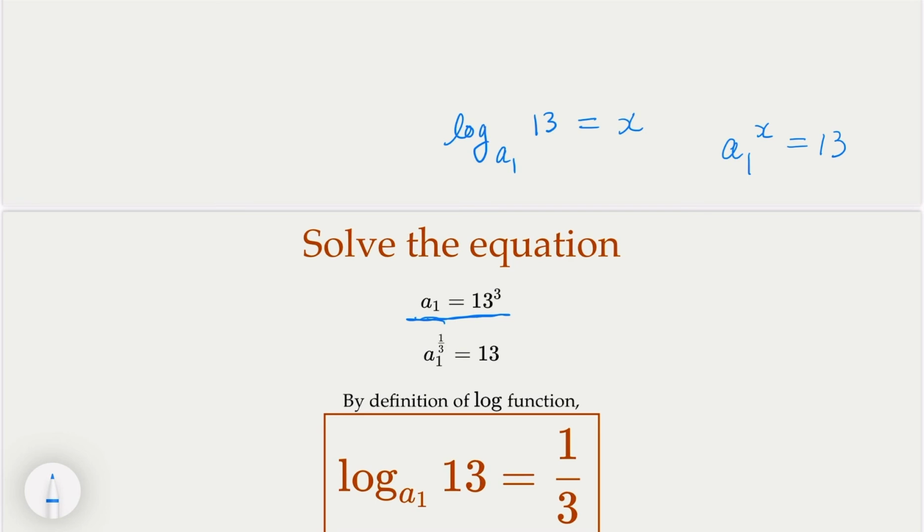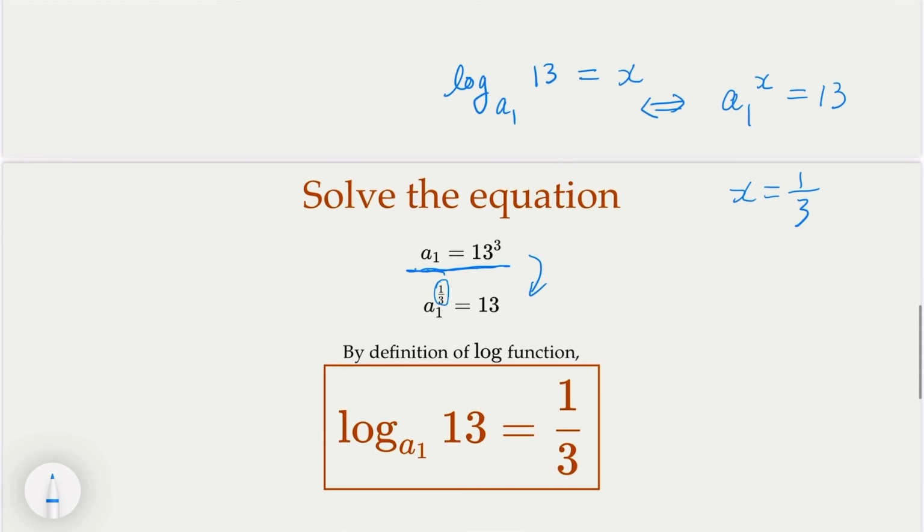It is the 1/3 power. So a1 to the 1/3 power gives 13, so x equals 1/3. Again, this is just by the definition of logarithm. So that's the solution, which is 1/3.